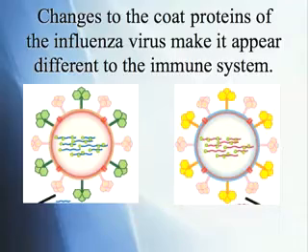There's another class of mutations where the mutations to the virus actually do alter the face of the virus, and it's really the face of the virus that our immune system sees. And so for things like influenza, the virus is very rapidly evolving as it goes through the human population. And sometimes those changes allow for escape from immunity.